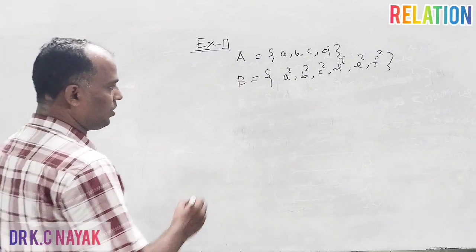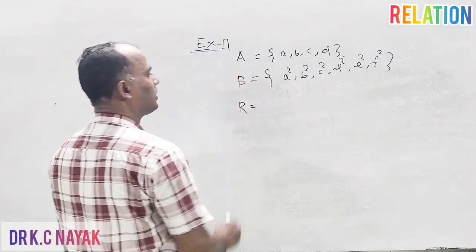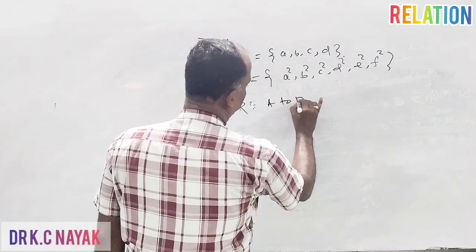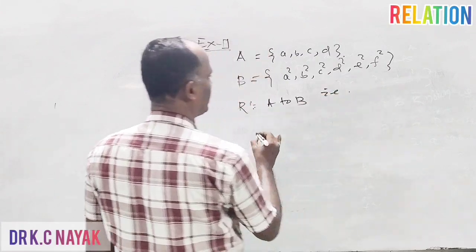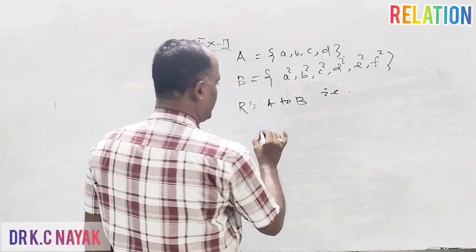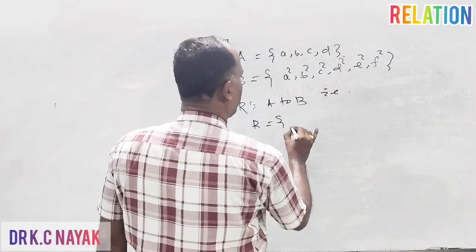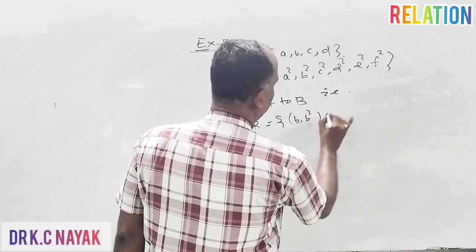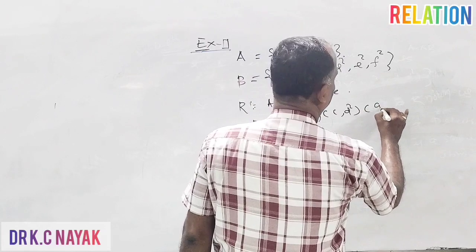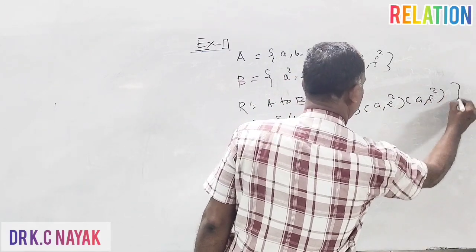Then we choose R as a relation from A to B, consisting of pairs such as b square, c square, a e square, and a f square.